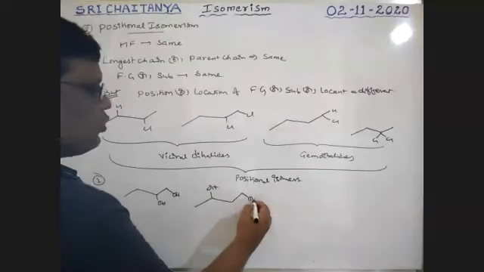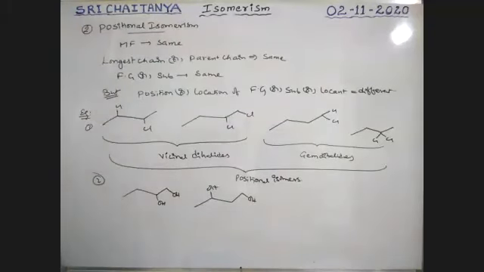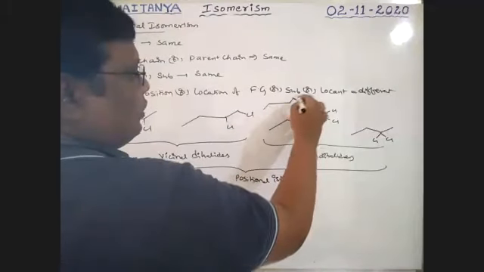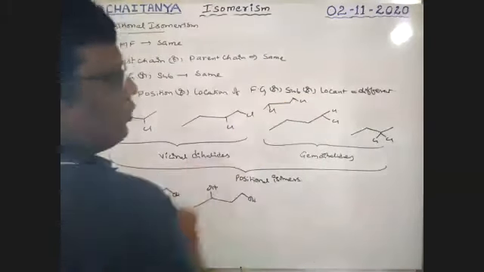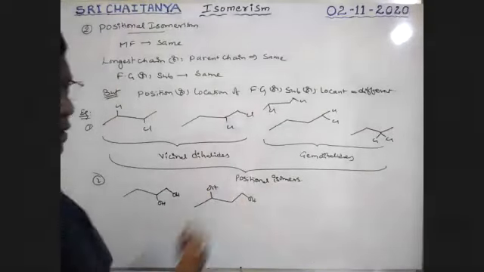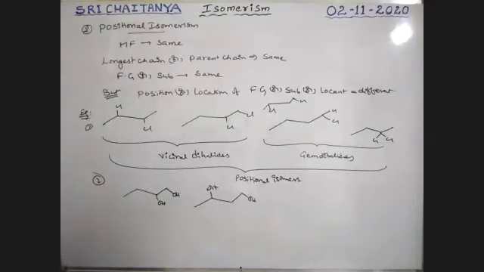Then 1,3-diols. Boys, here also 1-chloro, 3-chloro. This is also positional. Like this, these are also diols, boys. This is also positional isomerism.